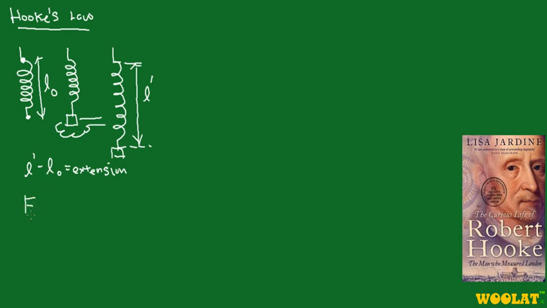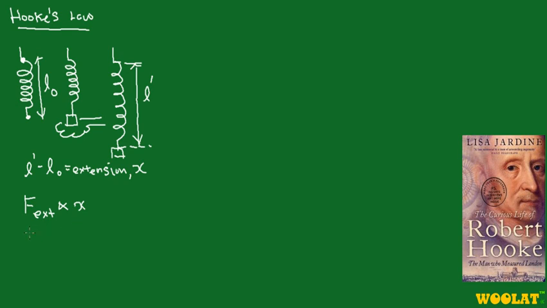Okay, so Robert Hooke did some experiments and he realized that the force that is used to pull the spring down, let's subscript it as external, so the external force used to pull the spring down, is actually directly proportional to the extension. Let me label it X here.